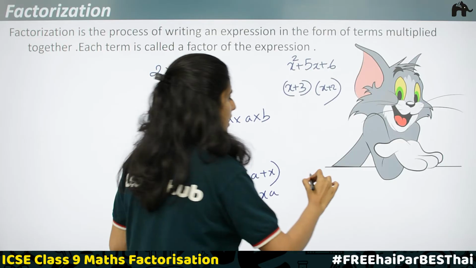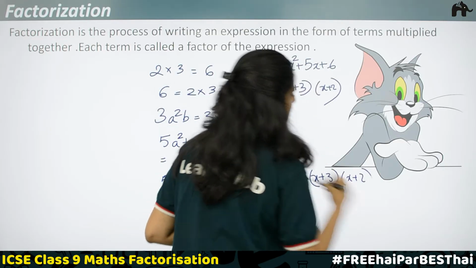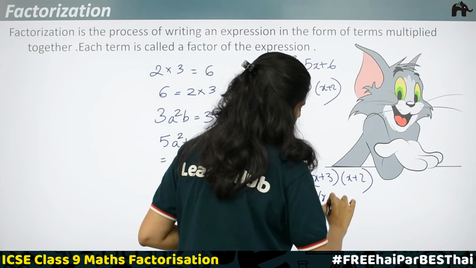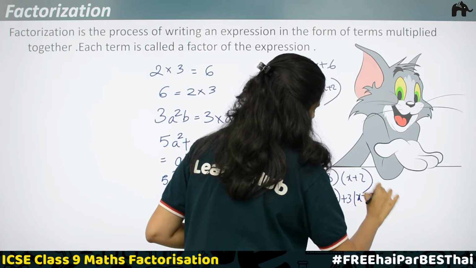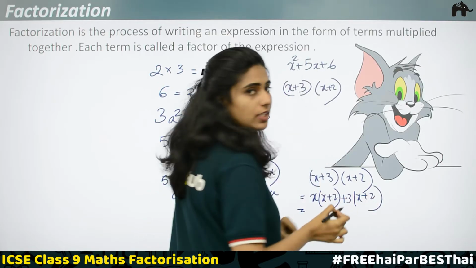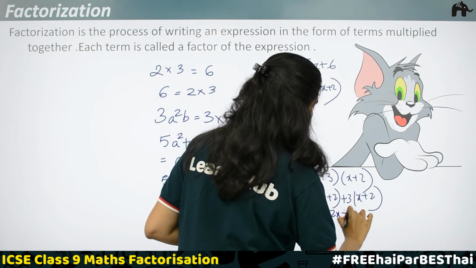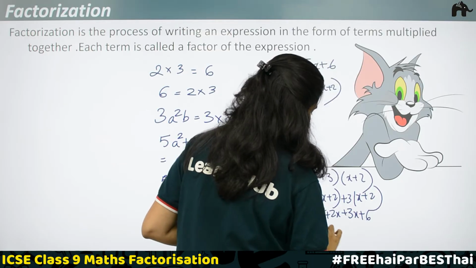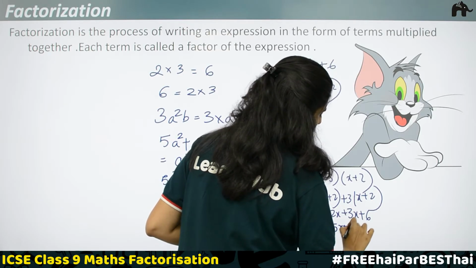When you multiply x plus 3 and x plus 2, you get x into x plus 2 plus 3 into x plus 2, which is equal to, removing the brackets and multiplying, x square plus 2x plus 3x plus 3 into 2, 6, which is equal to x square plus 5x plus 6.